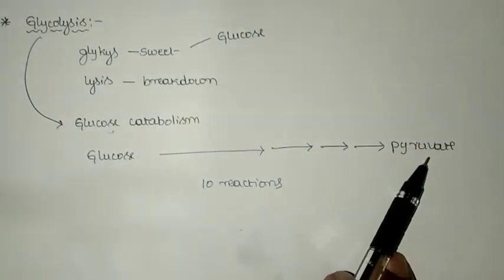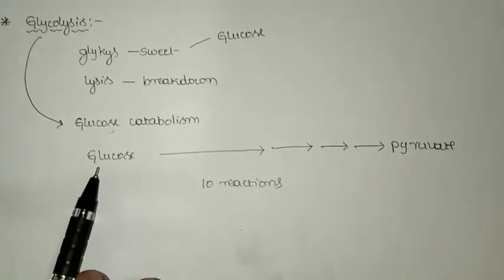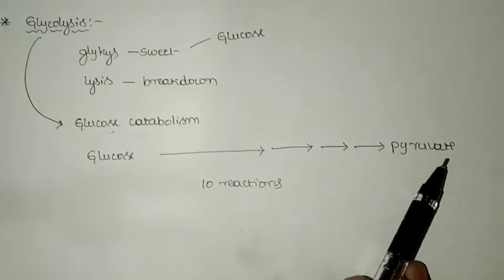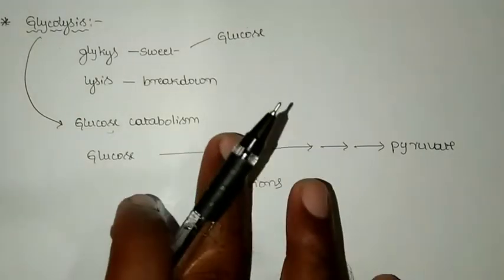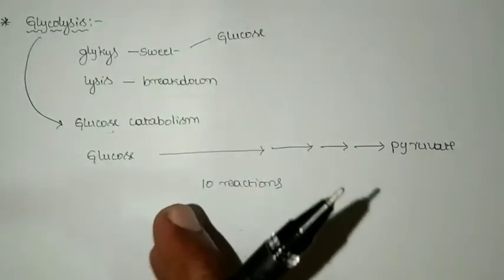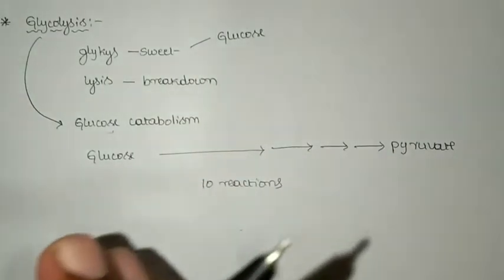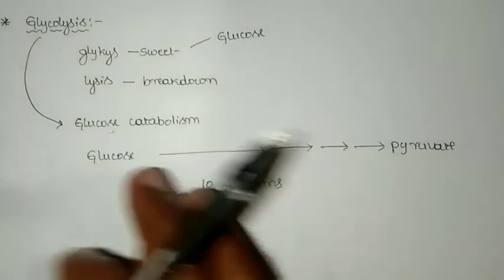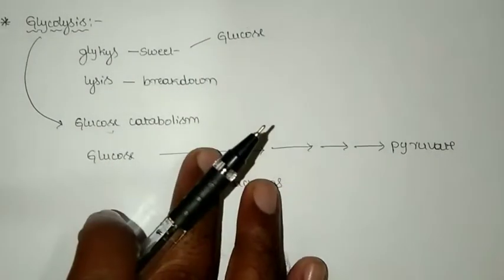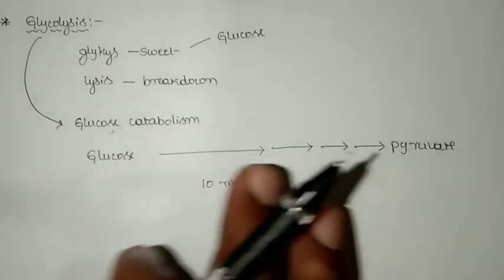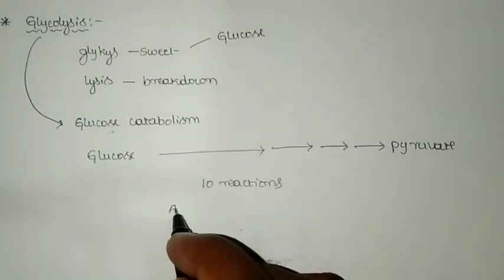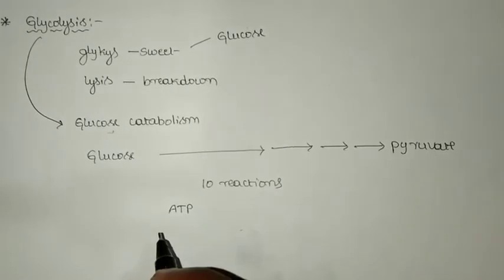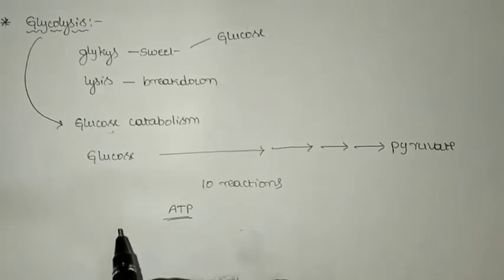And during the conversion of glucose into pyruvate in glycolysis, in certain stages a definite amount of free energy is released, and the free energy released in specified steps of glycolysis will be conserved in the form of adenosine triphosphate, what we call ATP.